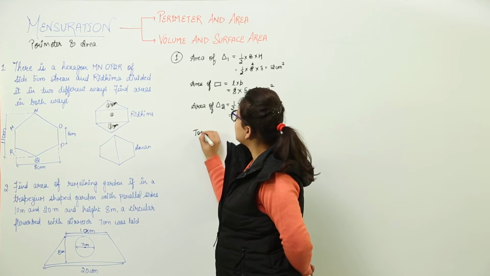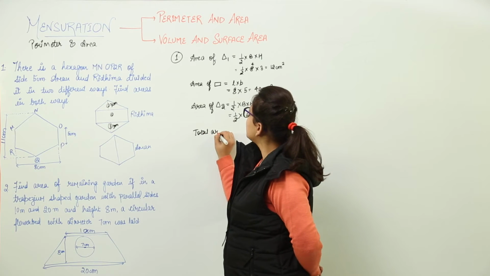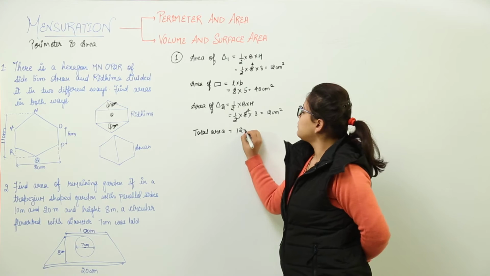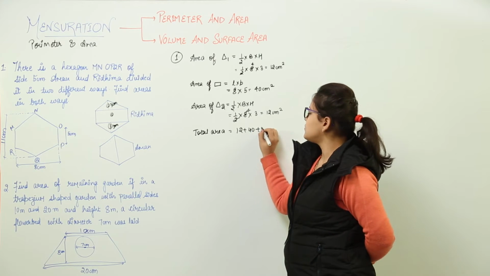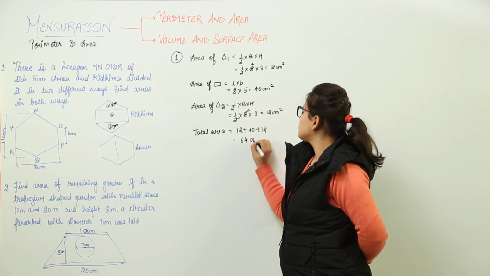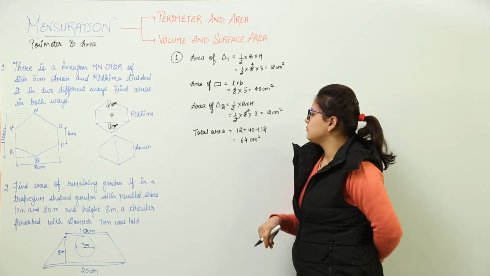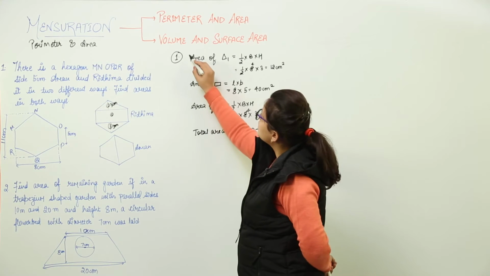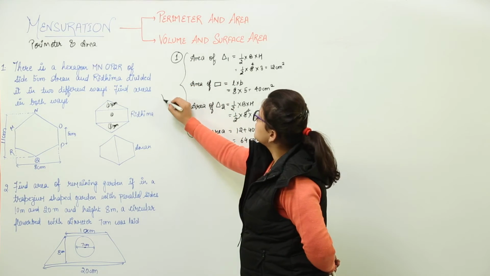Now the total area comes out to be the sum of all three. That is 12 plus 40 plus 12, which comes equal to 64 centimeter square. This is how Ridhima did it.